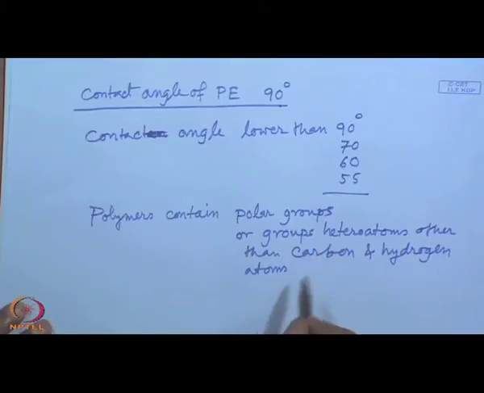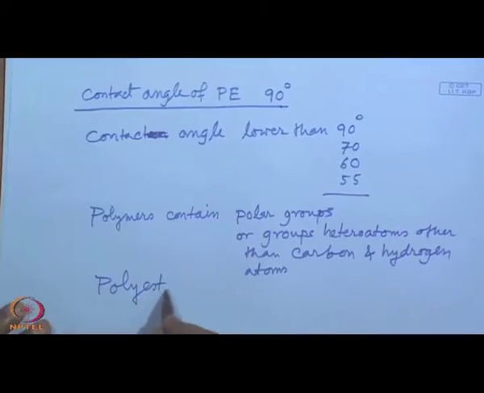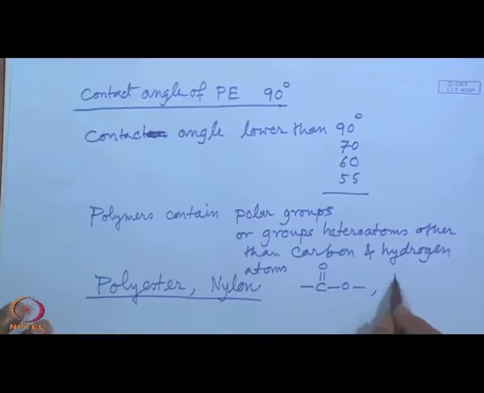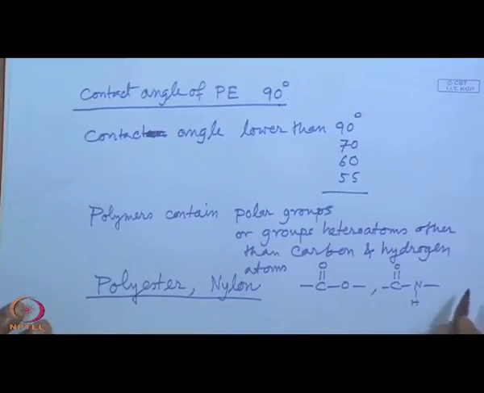For example, polyester, nylon. Such polymers contain the ester functional group along the backbone chain, or the amide group along the backbone chain, or cellulose, carbohydrates.